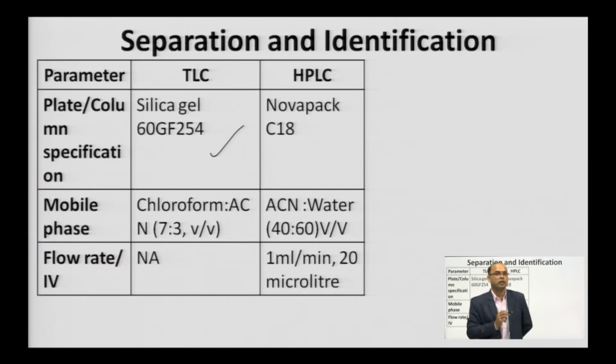If we talk about the HPLC analysis, we have used the Novapak C18 column. The mobile phase for HPLC analysis is acetonitrile and water in a ratio of 40:60 volume by volume. The flow rate through the column was maintained at 1 ml per minute. The injection volume was 20 microliter.